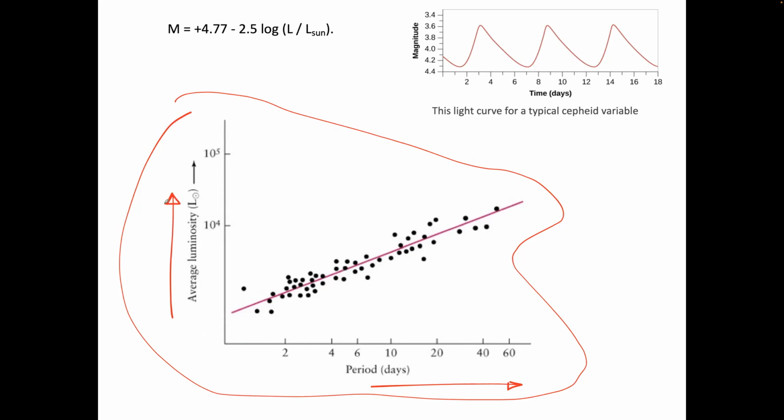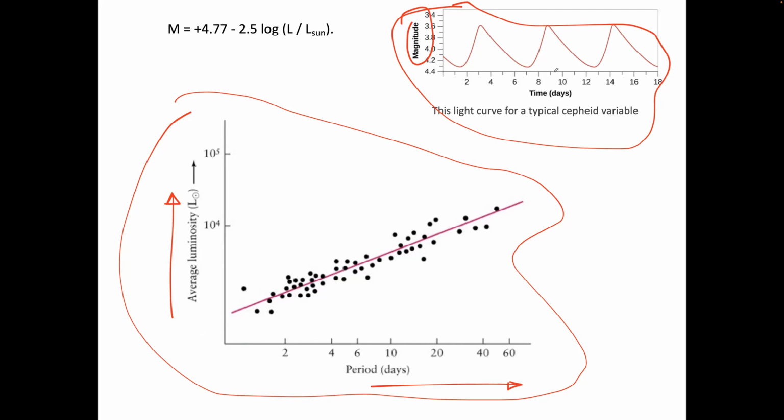You can see that when you plot the period of a certain star and its luminosity, they all fall on a linear relationship, so you can fit a line. And here is a sample light curve of a Cepheid star. A light curve means how the brightness, depicted here as magnitude, changes over time.